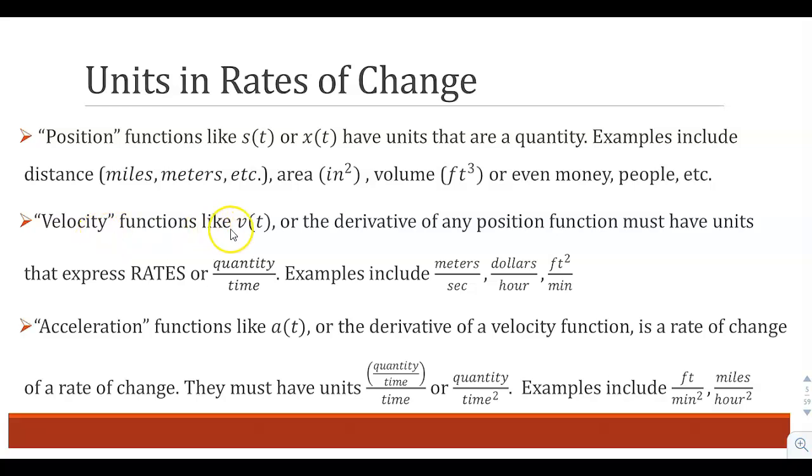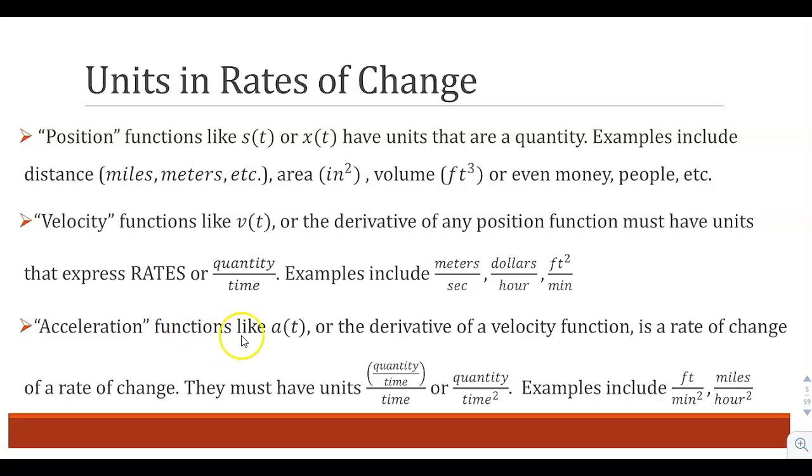A velocity function, like v of t, or the derivative of any position function, must have units that express rates, that idea of a quantity over a time. So some examples include meters per second, dollars per hour, or feet squared per minute.